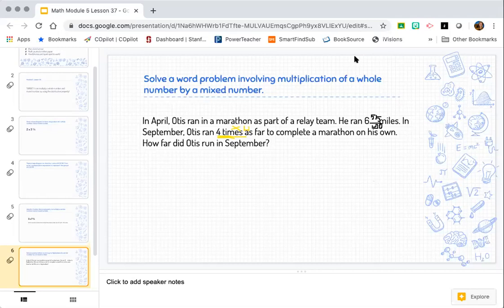Okay, so we know that this is the number he ran in April, and in September, he ran 4 times this.